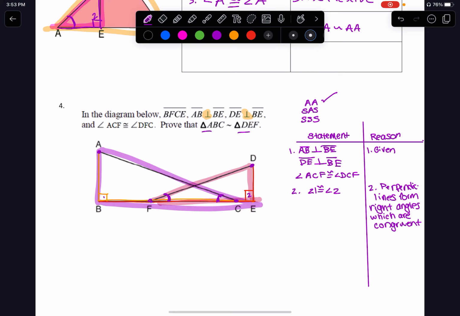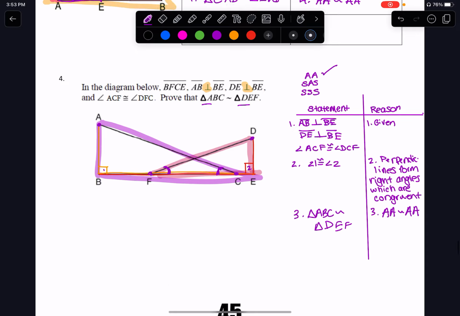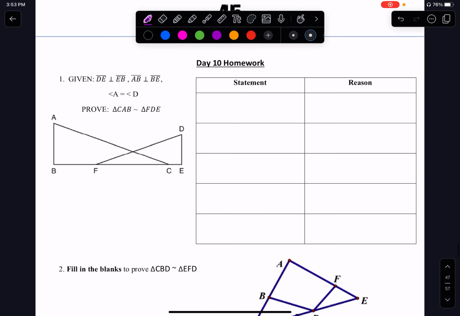So that gives me the other pair of angles that I need. So I can say that triangle ABC is similar to triangle DEF using AA. There you go.